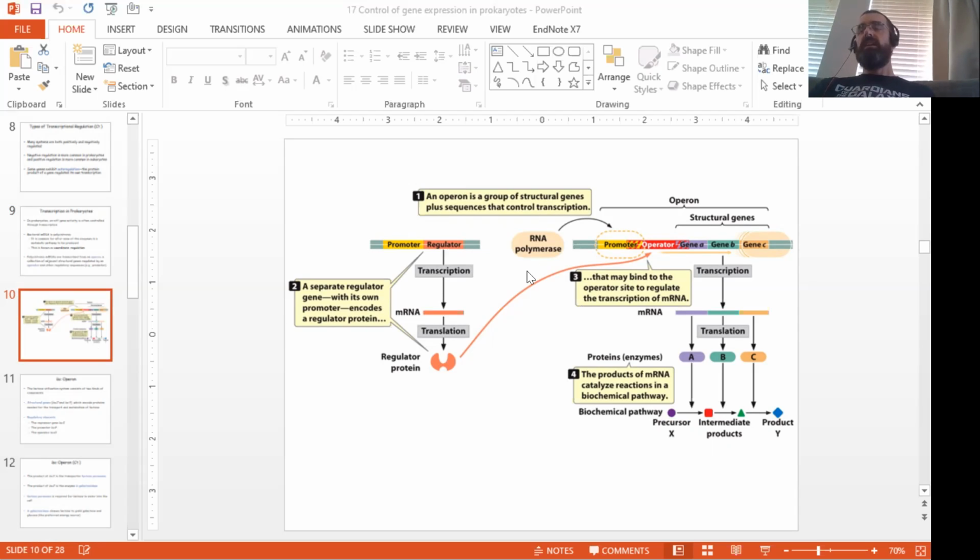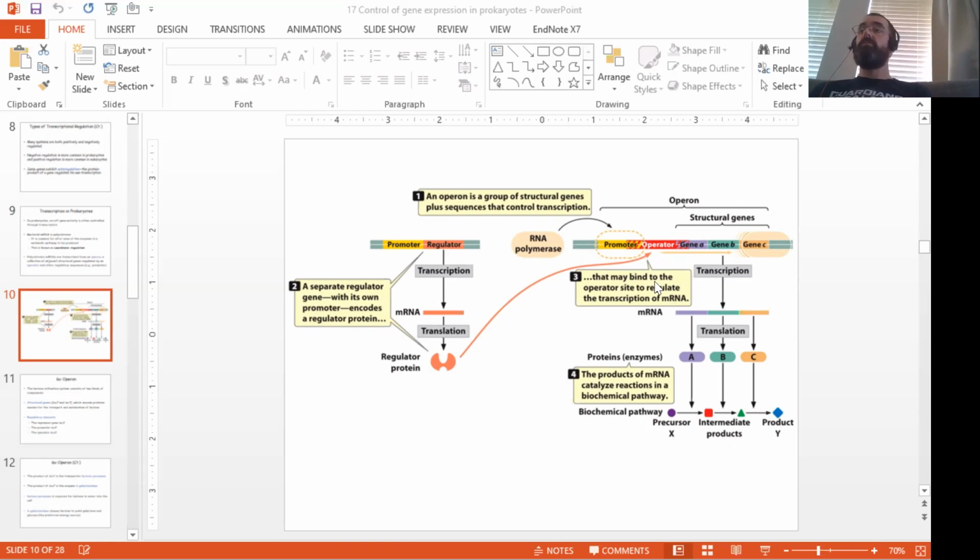Over here, and this doesn't actually have to be right next to the operon, sometimes it is, other times it can be elsewhere in the bacterial genome, it doesn't actually matter, there is another gene. This gene codes for a protein, has its own promoter or regulatory region, and produces the regulatory protein, which could be an inducer or a repressor, and that typically binds to the operator.